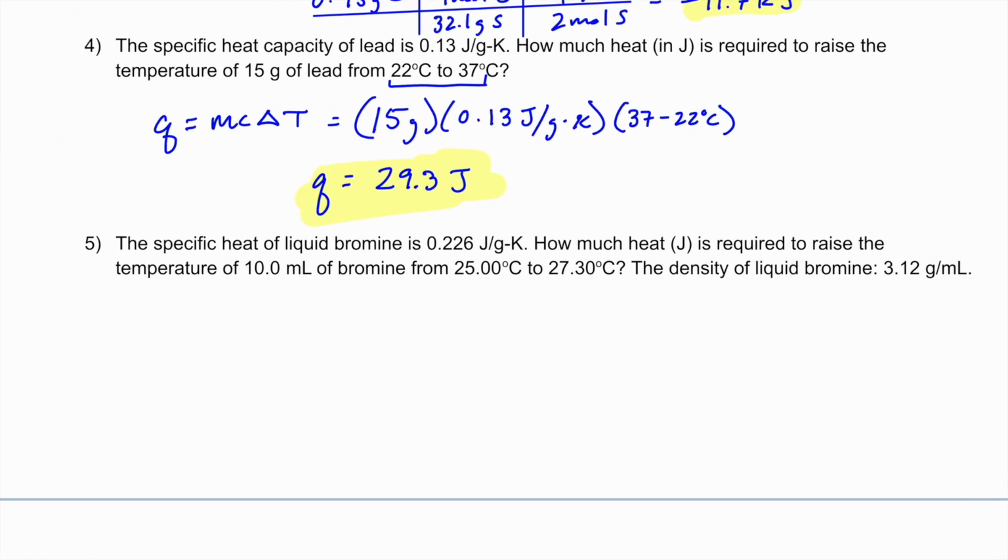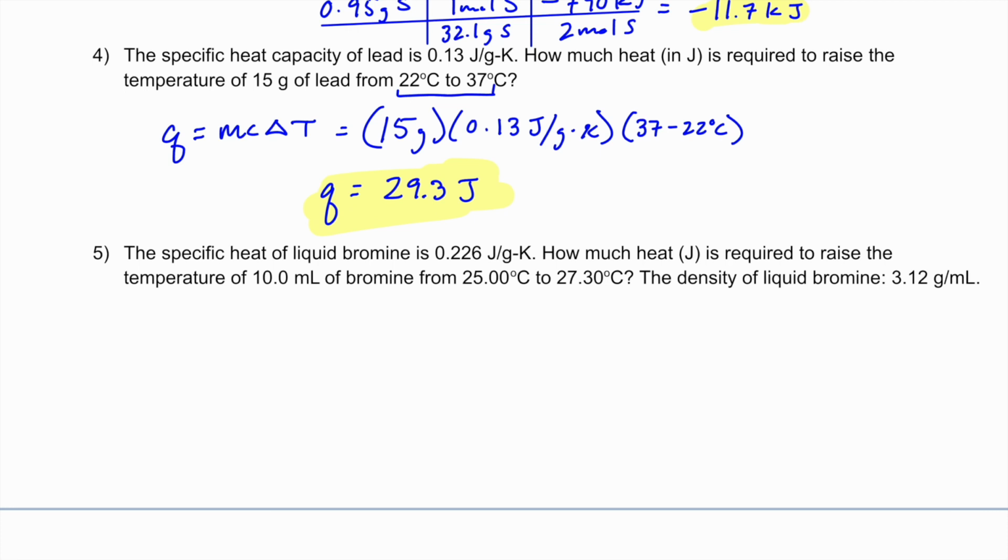This is where you have to start taking some of your knowledge of just chemistry and being able to apply some things. It says the specific heat of liquid bromine is 0.226 joules per gram Kelvin. So right there, I'm already thinking MCAT's probably an issue here. How much heat is required to raise the temperature of 10 milliliters of bromine from 25 to 27.3 degrees Celsius?